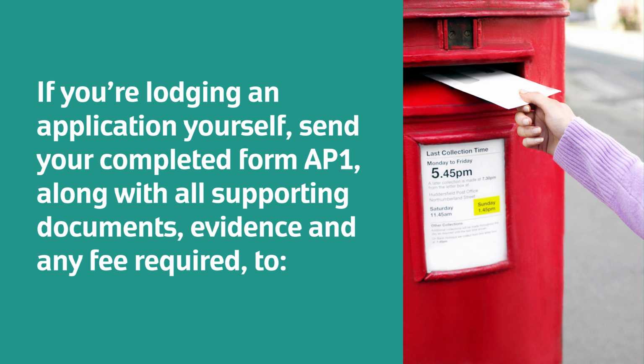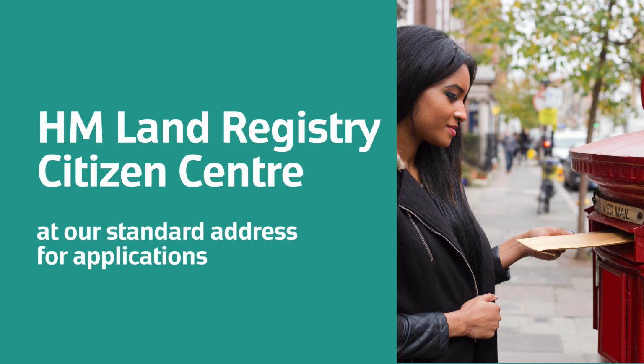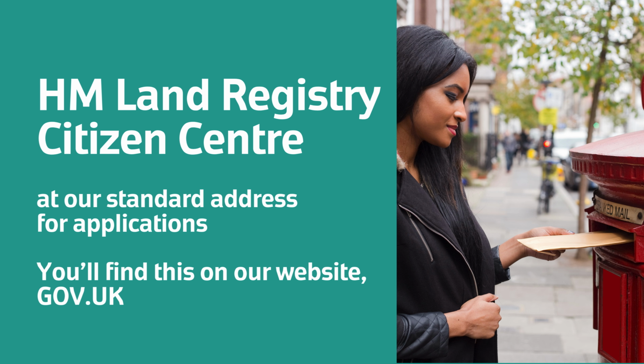If you're lodging an application with us yourself, send your completed form along with all of the documents and evidence to support your application and the relevant fee, if required, to HM Land Registry, Citizen Centre, at our standard address for applications, which you'll find on our website gov.uk.